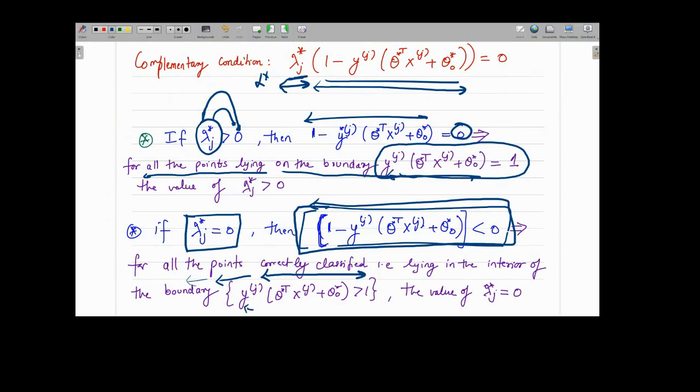You recall this condition which I was telling you last time. Here it is 1 right now. Earlier it was gamma, if you recall. This is the condition which tells you that points are correctly classified. So the corresponding points which are correctly classified will have a value of lambda equal to 0.